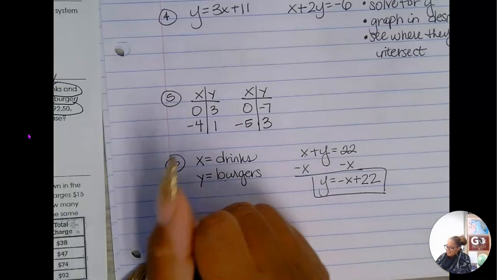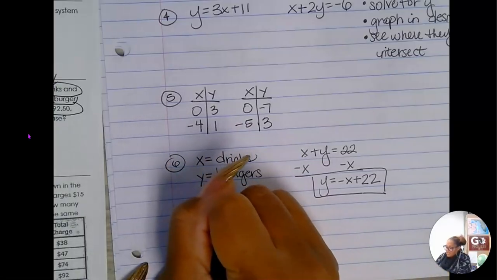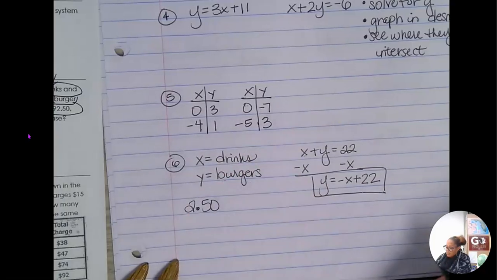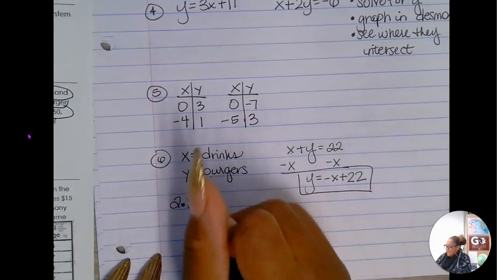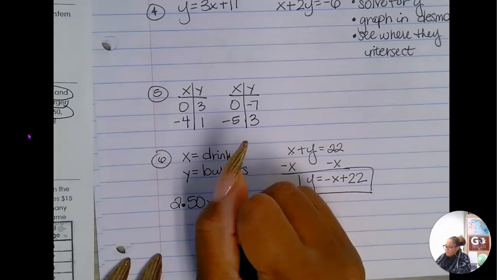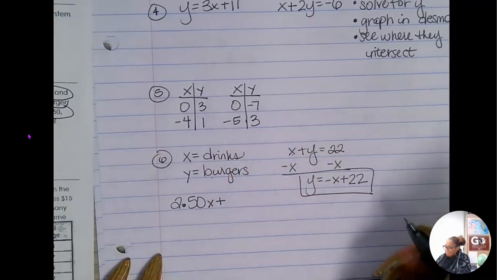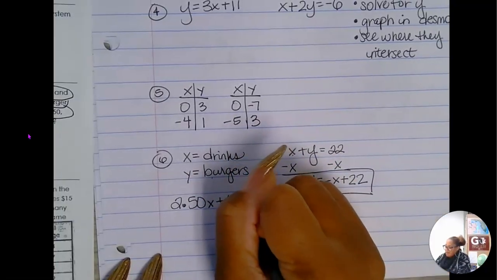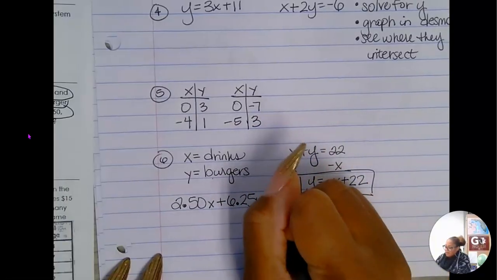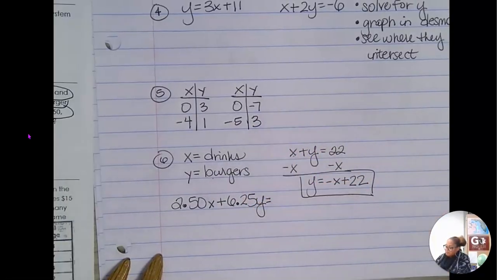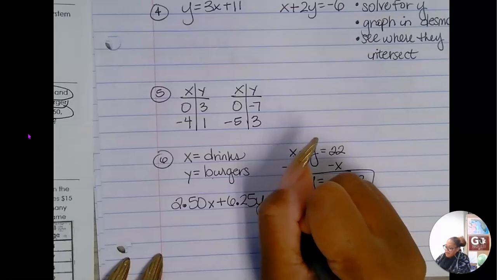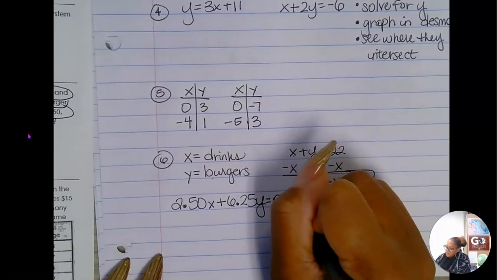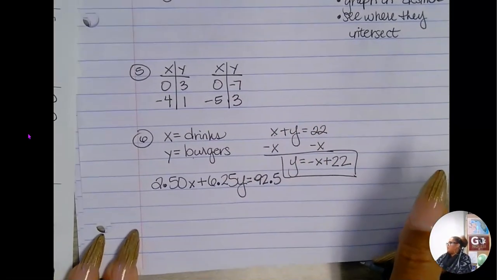The other, how much are those burgers? I'm sorry, the drinks. So I write 2.50 what? X. And how much are the burgers? Plus 6.25 what? Y. And it's going to equal 92.50. I'm running into my other equation there.